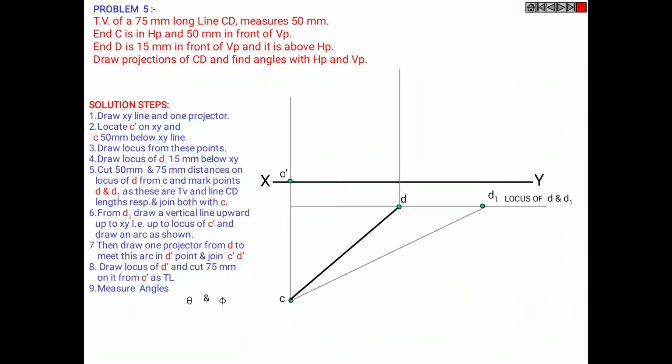Now from D1 draw a vertical line upwards up to XY, therefore up to locus of C dash, and draw an arc as shown.